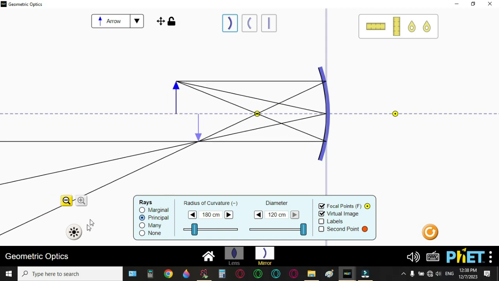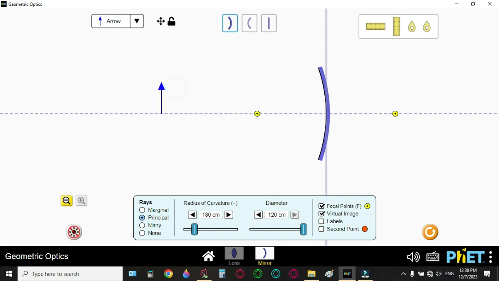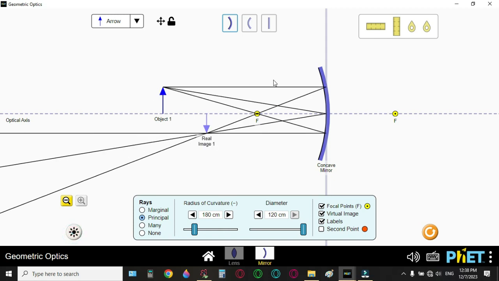So, for example, here we have this object. Okay, so we have say object one. So, if there's light, light would go through these lines. Okay, so the light rays here are represented by the principal rays.